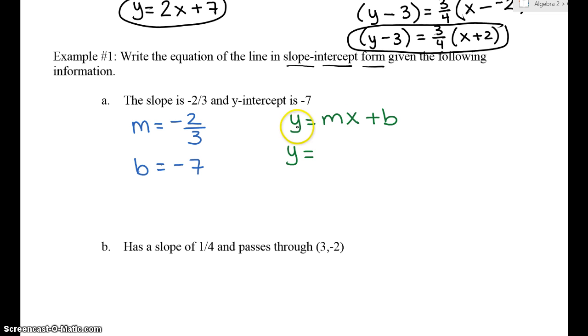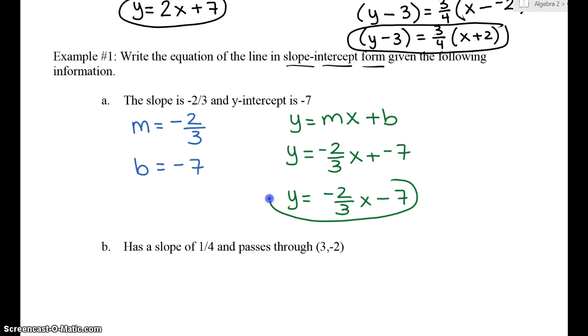We can replace the m with negative 2/3, and an x is an x, a plus sign is a plus sign, and a b, in this case, is negative 7. Now, you can leave it like that, but I know some people are bothered by that, so you can write y equals negative 2/3 x, and instead of doing plus negative 7, you could just do minus 7. So this is our final answer. Great job. That was awesome.